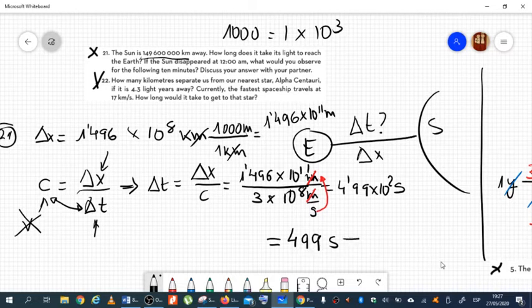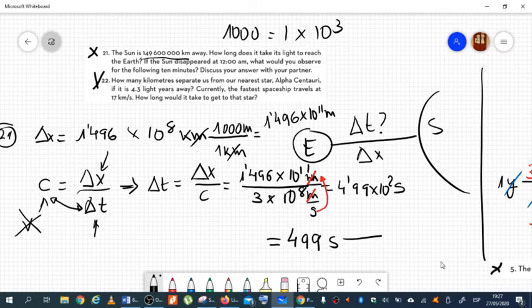Now let's pass it to minutes to have an idea of how much time the light takes to travel from the sun to the earth.